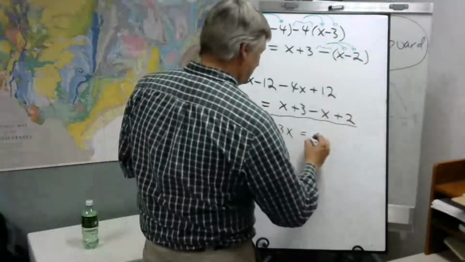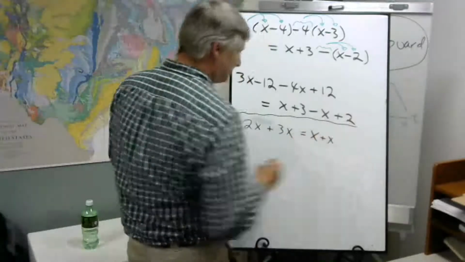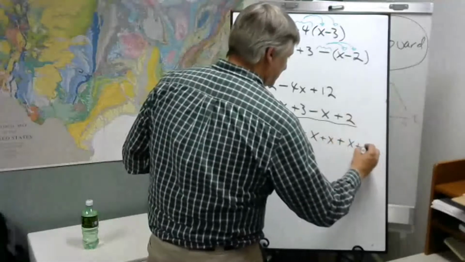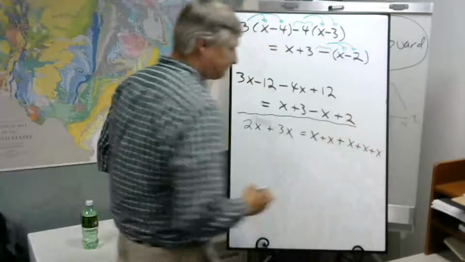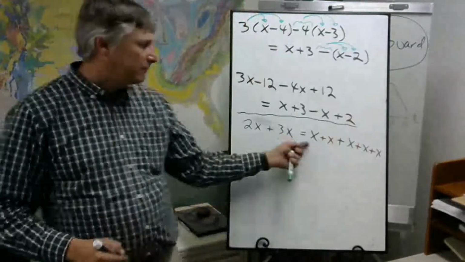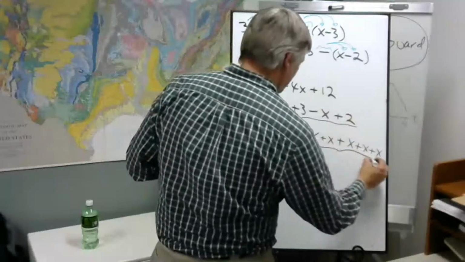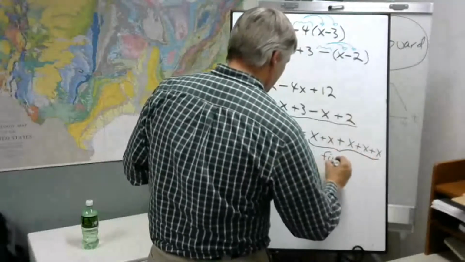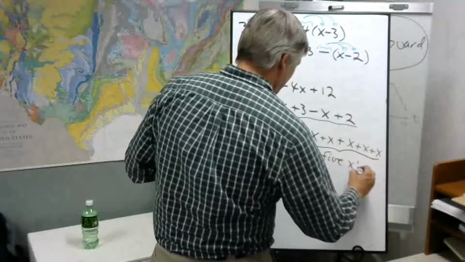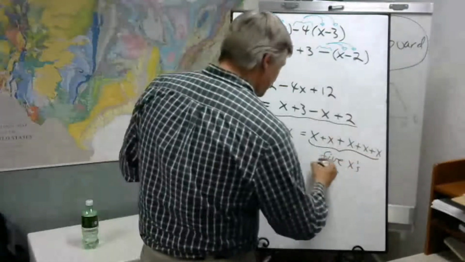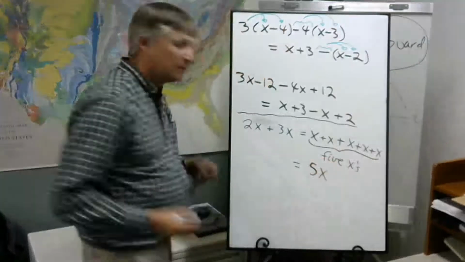So this is x plus x plus x plus x plus x. Now we have repeated addition, and there are 5 x's. So that means we can write this as 5x.